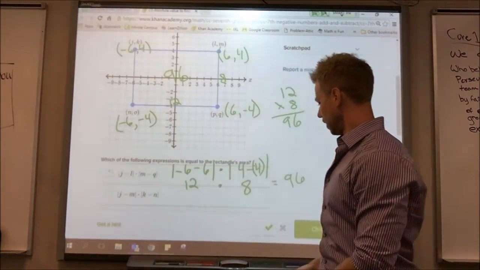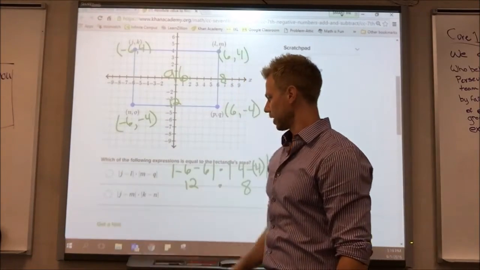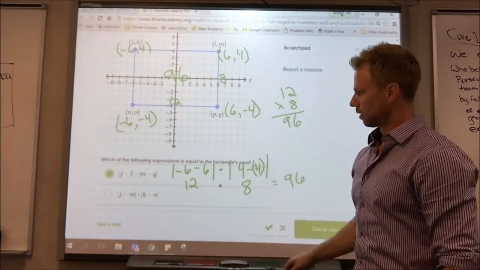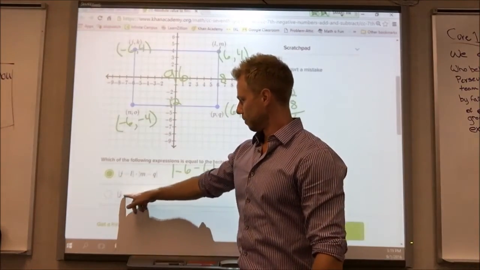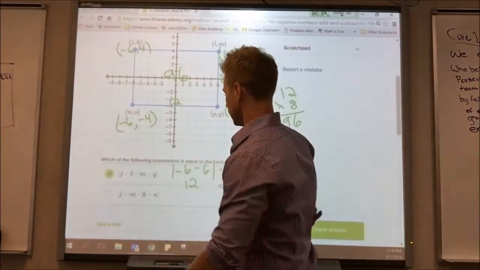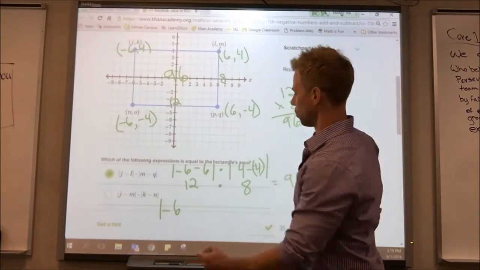Now maybe just to make sure that we did it right, we could check the second one. Okay, but we're pretty sure that it's the first one. So let's do J minus M. J is -6, and that's absolute value. M is 4.